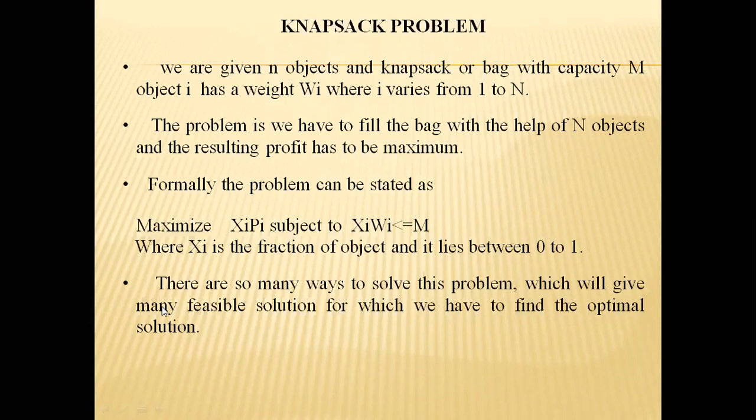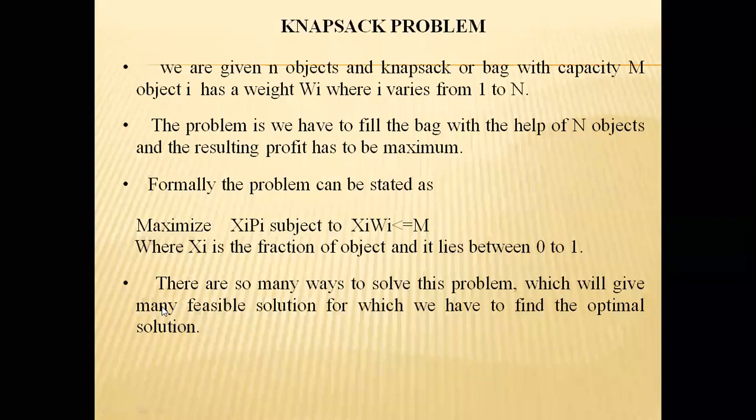Suppose the capacity of the knapsack is 5 kgs, you can place different objects based on the profit. Suppose sugar gives the maximum profit, so we place the object sugar, and next suppose tea, another object.